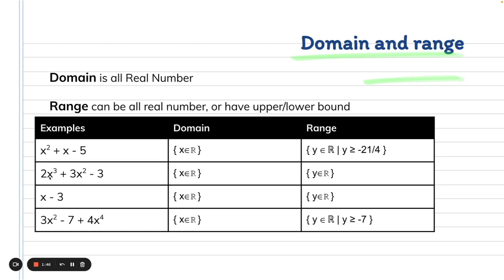In this case, 2x to the power of 3 plus 3x to the power of 2 minus 3, we would have a real number domain and a real number y range. And for the last example, we would have a different range, where the domain is all real numbers and y can be bigger than or equal to minus 7.